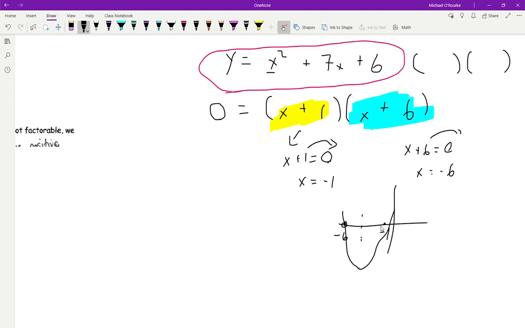Okay. Yeah. Because at y equals 0, right? At y equals 0 right here, that's when you cross the x-axis, right?